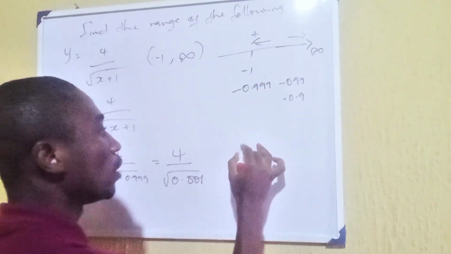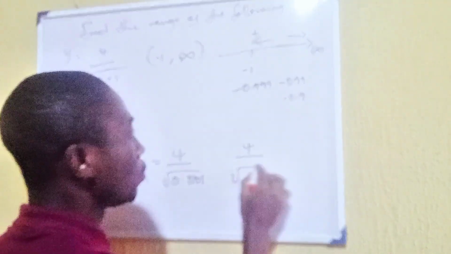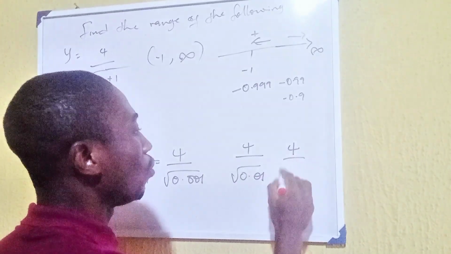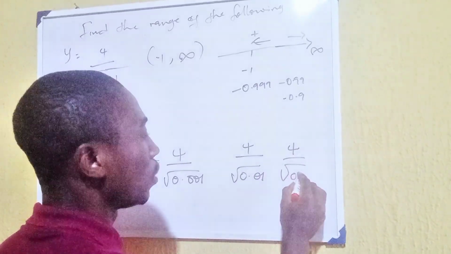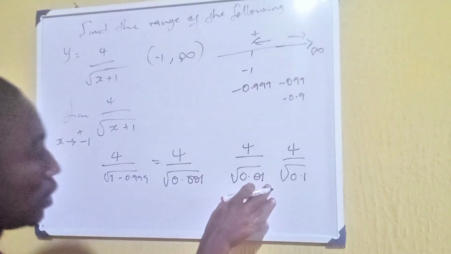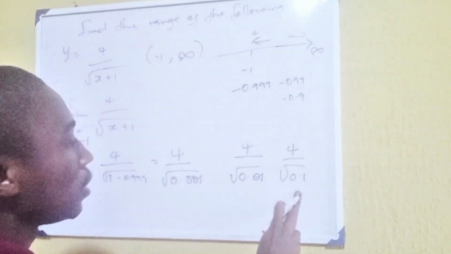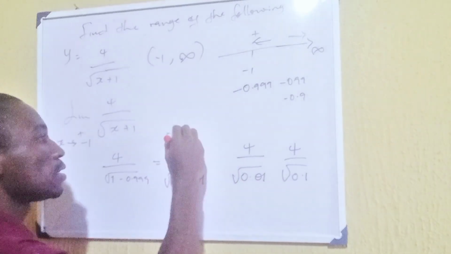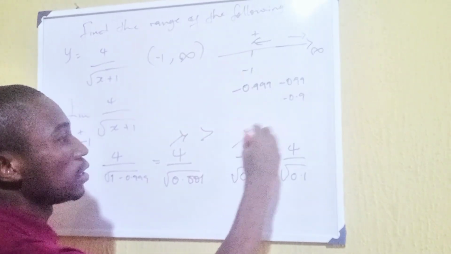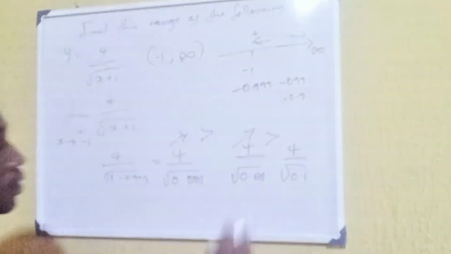So let's take note of this answer. Then for this one, we'll be getting 4 over root 0.01. And for the other one, 4 over root 0.1. So you can see that this is smaller than this, and this is smaller than this. So in that case, this guy is greater than this, and this guy is greater than this.